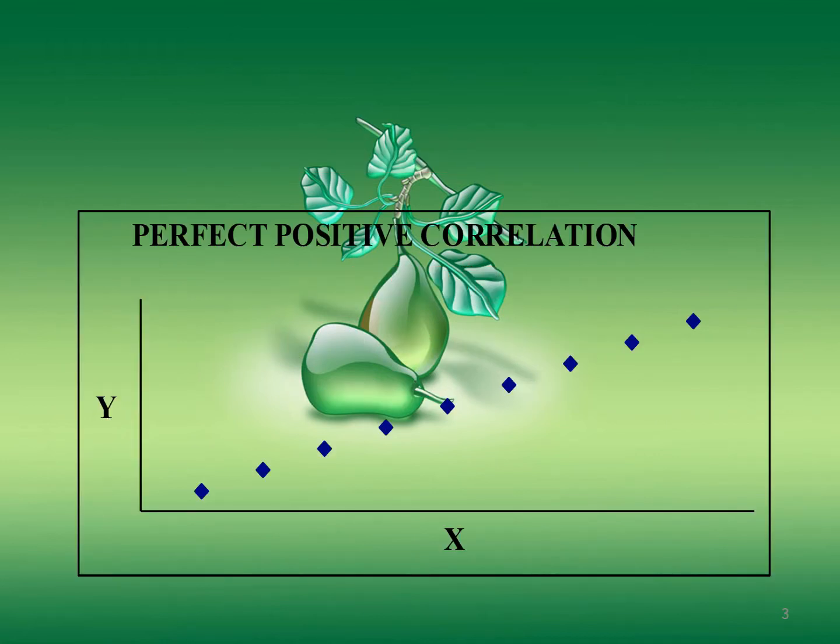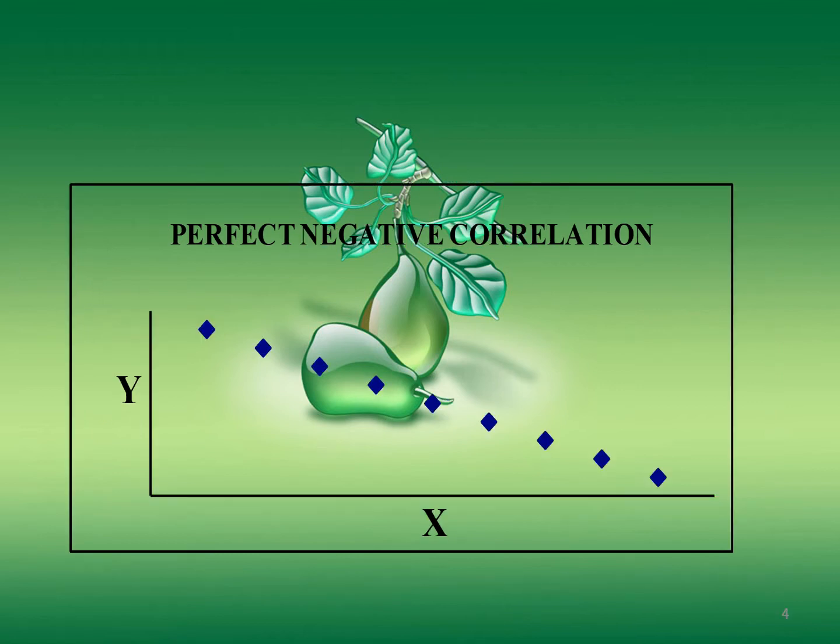In the scatter diagram method, the two variables are plotted on the two axes and the points are plotted on this graph. When the points observed are plotted in this graph, if they are found to lie on a straight line from bottom left to top right, the variables are said to have perfect positive correlation.